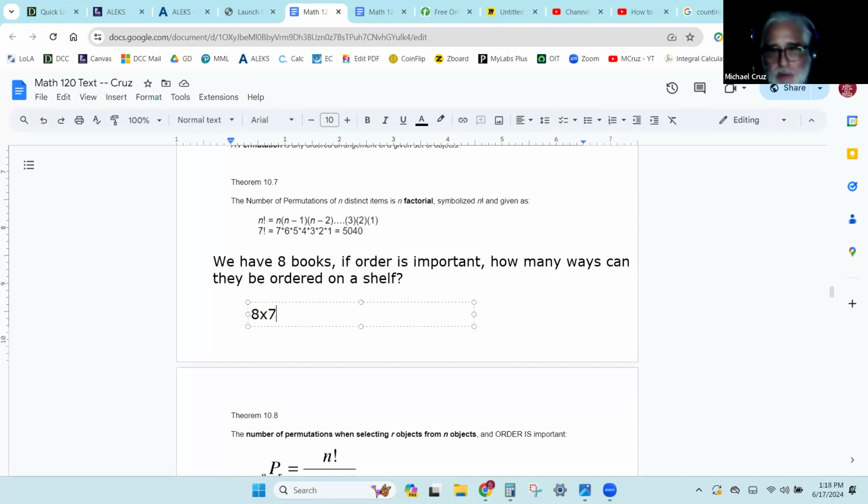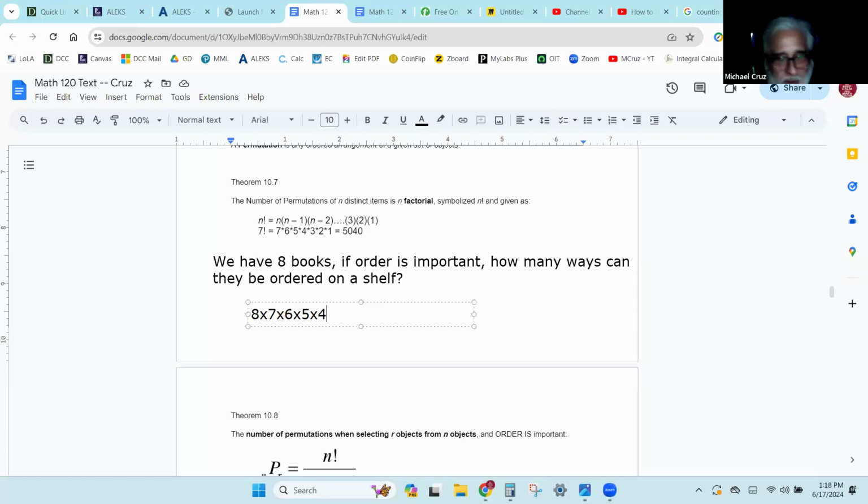There are 7 books in there. Once you put those 2 on the shelf, there's no longer 7 books in there. There are 6 books. Once you take one out and put it on the shelf, now there are 5.